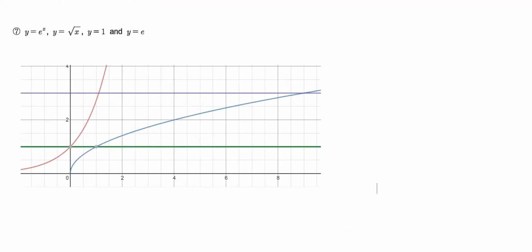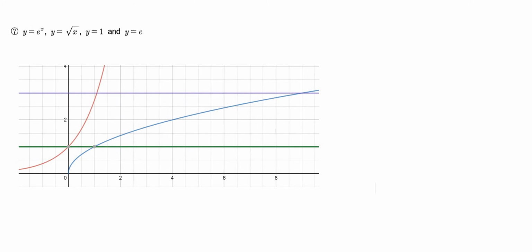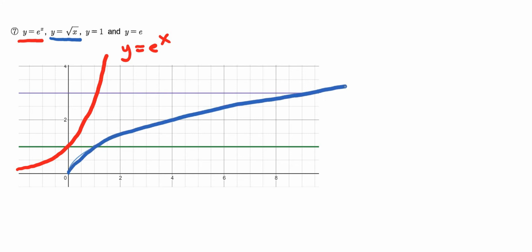Okay, so for my next problem, I have the equations y equals e to the x, which is this graph right here. And then I also have this square root function, y equals the square root of x, and that's going to be highlighted by this graph right here. And then I have these horizontal lines.